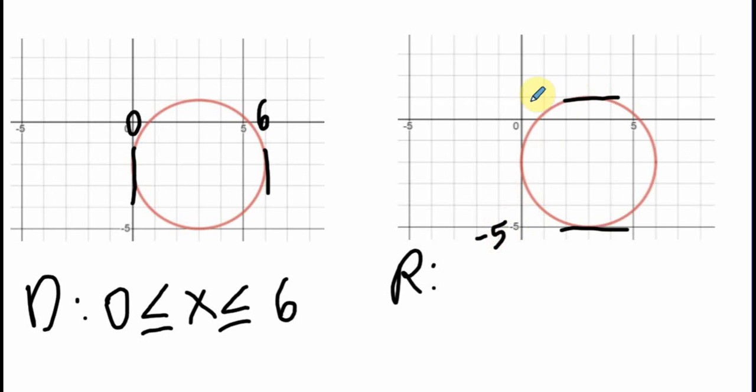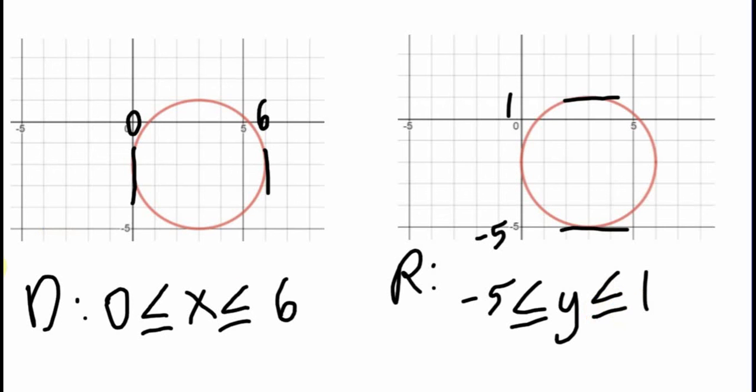This high point looks like it's at 1. So my range is going to go from -5 up to 1. So y, the range, has to be between -5 and 1. So y is greater than or equal to -5, less than or equal to 1.